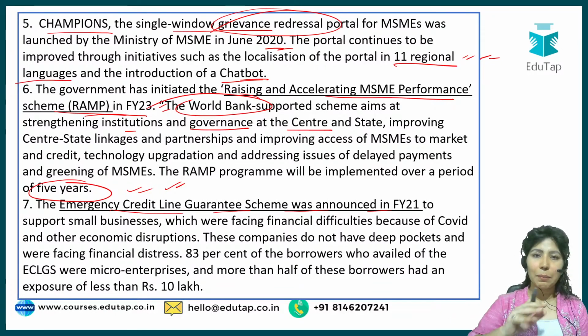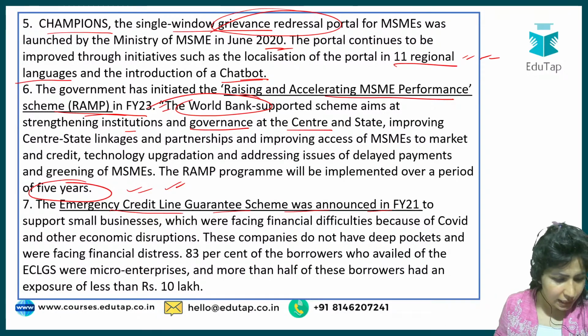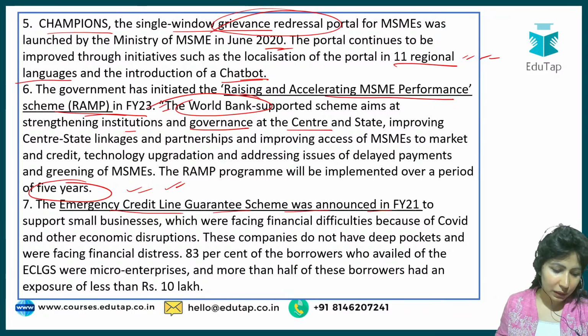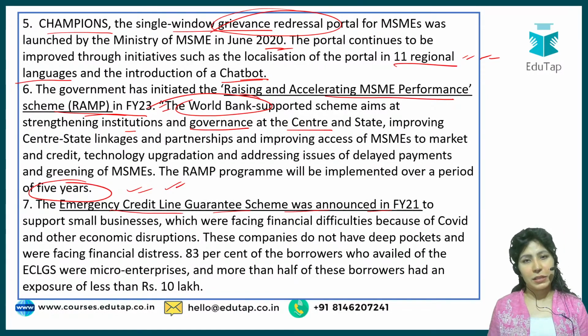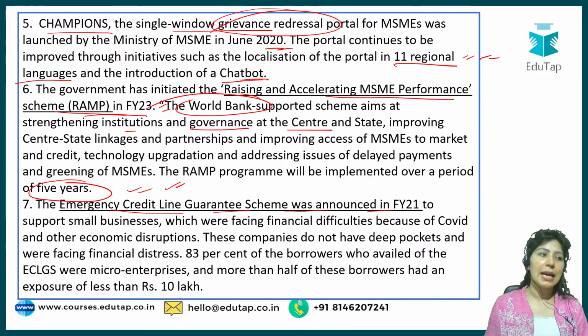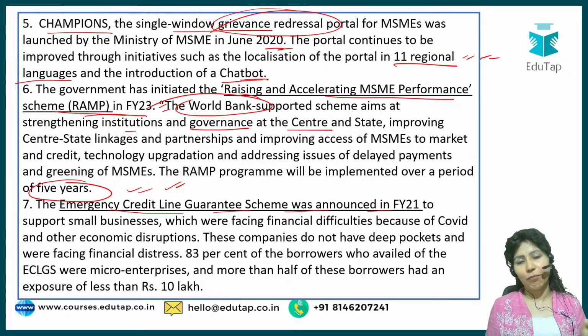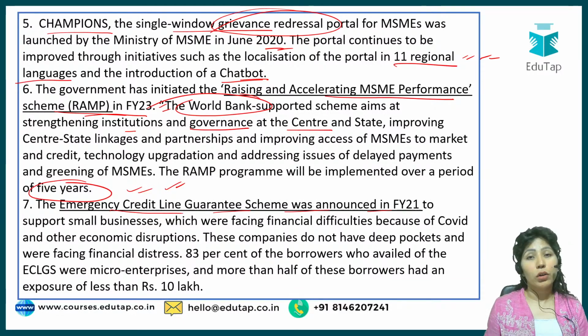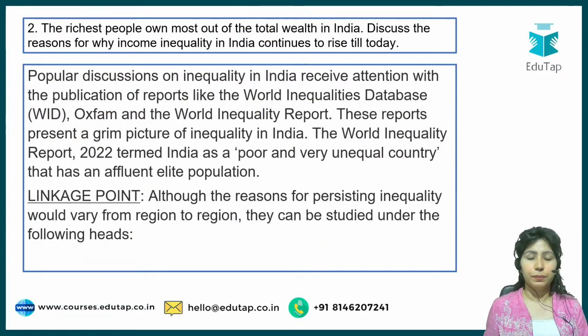These points, they are not appearing on the screen here, but these points are very much important, so add them in your answer. Yes, RAMP program has been talked about. Also, debt waivers, especially after the COVID-19 pandemic, debt waivers have been given to MSMEs, and the banks also have been motivated to extend a lot of loans to MSME sector.